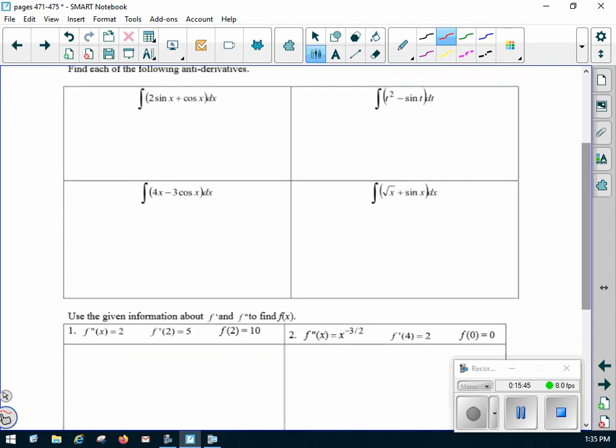Top left. I'm writing down what I'm hearing and then we'll talk. Is that 2 with the sine x and the cosine x or just with the sine x?